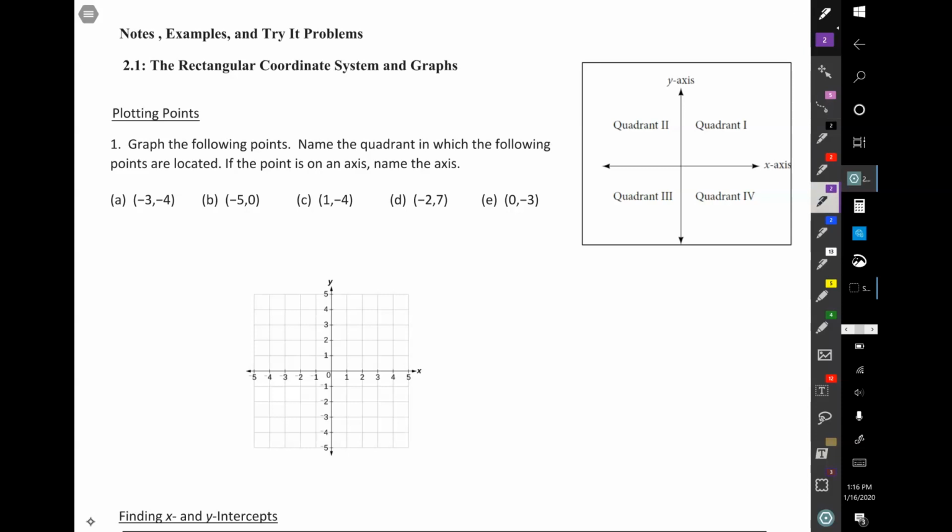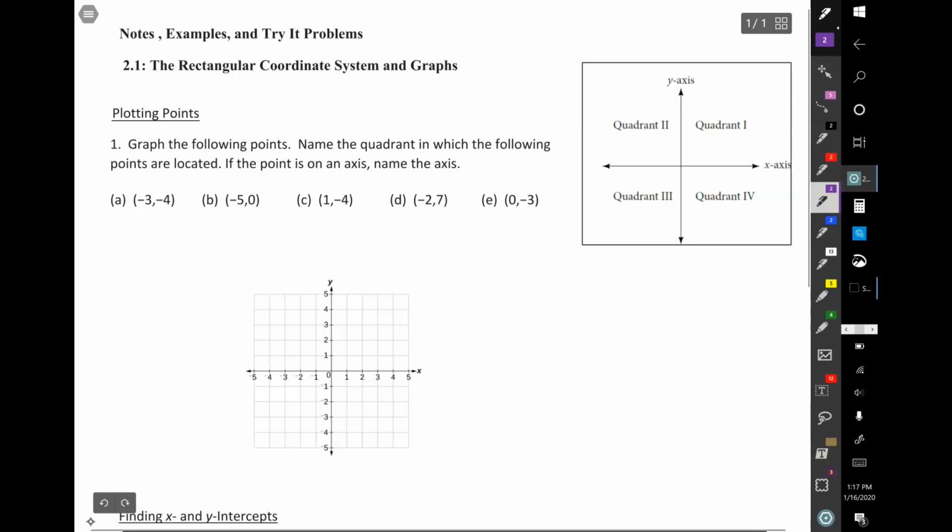So the first point that we're going to do is (-3, -4). So that's point A. So we would hover over the origin here. I have a grid with 5 units in every direction.